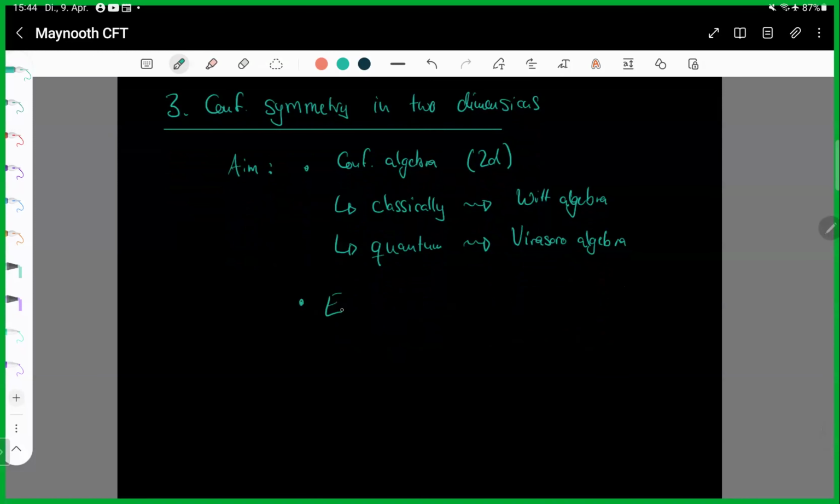The other point that we're going to touch upon is the relation to the energy momentum tensor. It's actually going to take a very central role, like usual, but this time it's extremely central. It's basically the protagonist.